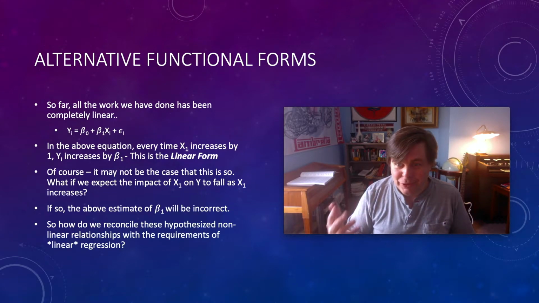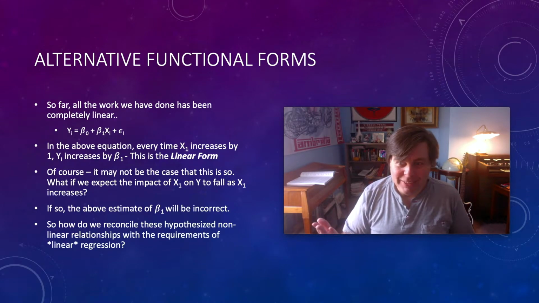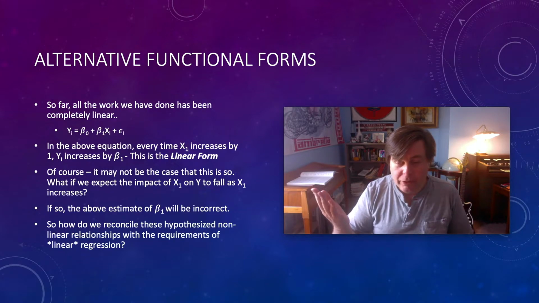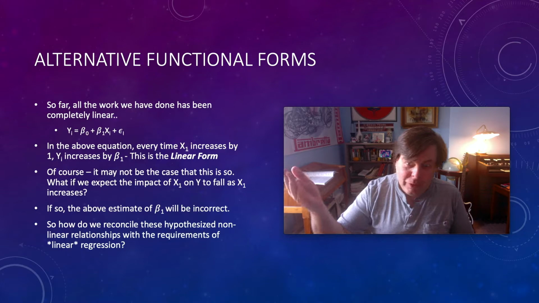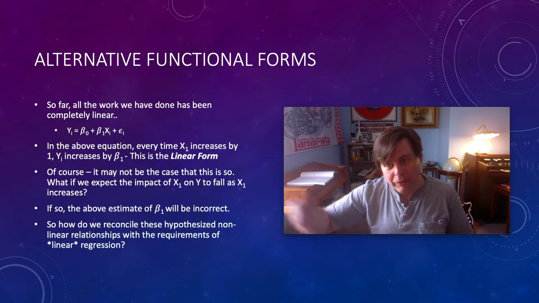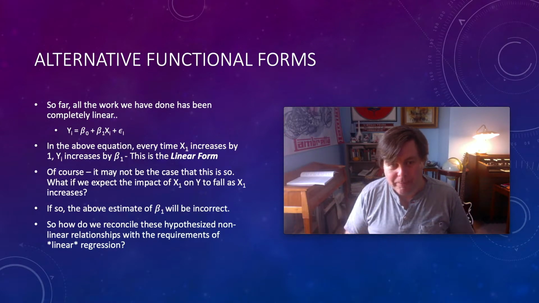If a home has 0 bathrooms, and then you change it to 1 bathroom, probably has a really big impact on the home price. And then as you add a second bathroom, it probably has a pretty big impact too, but maybe not as much as the first one. And the third one also has an impact, but not as big as the second or the first one, and fourth, and so on and so forth. In other words, the relationship sort of increases at a decreasing rate.